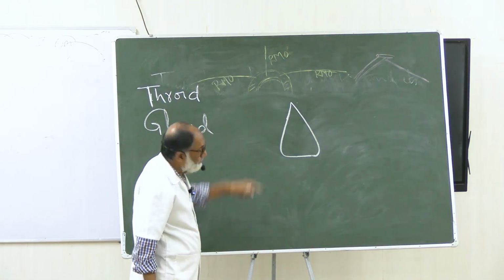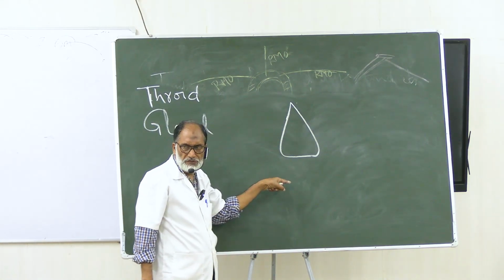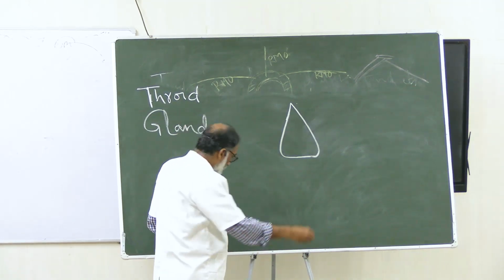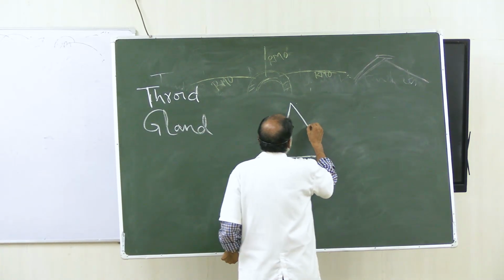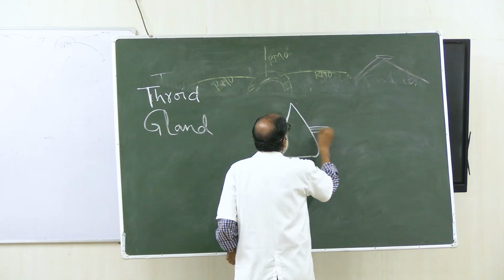It is pyramid in shape. It has an apex and a base. There are two thyroid glands side by side connected by the isthmus.